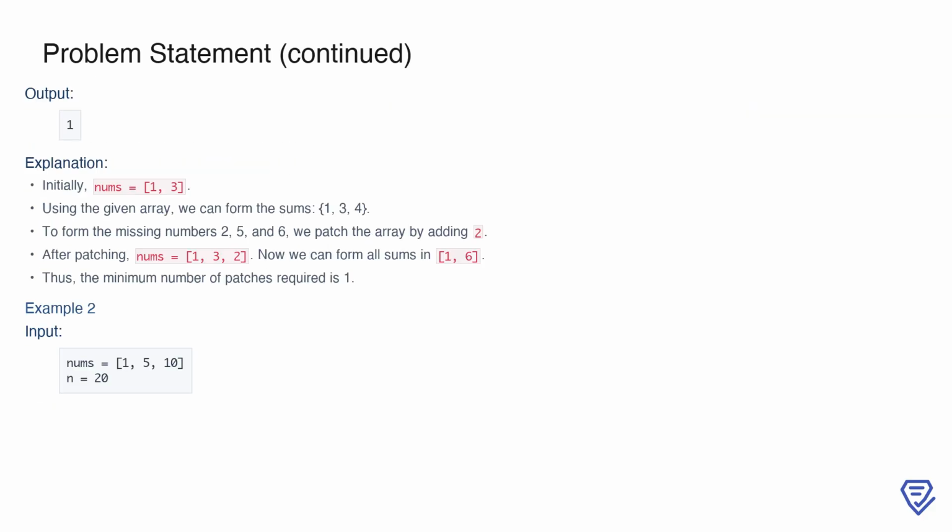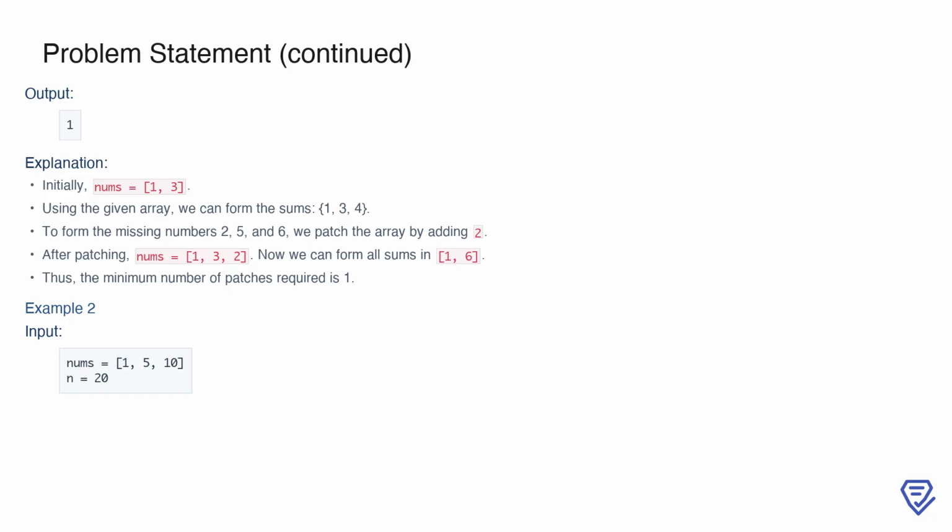In the first example, the input array is 1, 3, and n is 6. The output is 1, which means we need to add one patch to achieve the goal. Initially, the array 1, 3 allows us to form sums 1, 3, 4, but some numbers in the range 1 to 6 are still missing, namely 2, 5, and 6. To bridge this gap, we add the number 2 to the array.